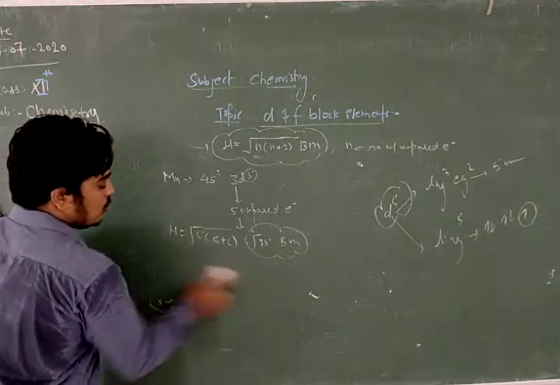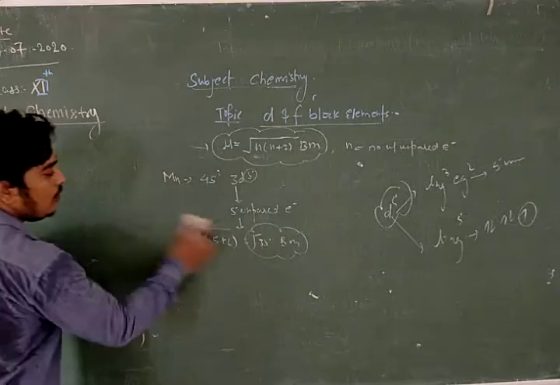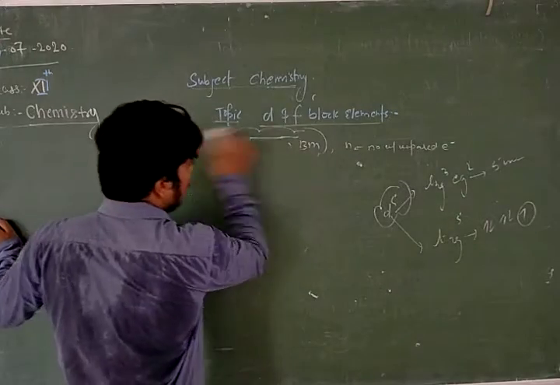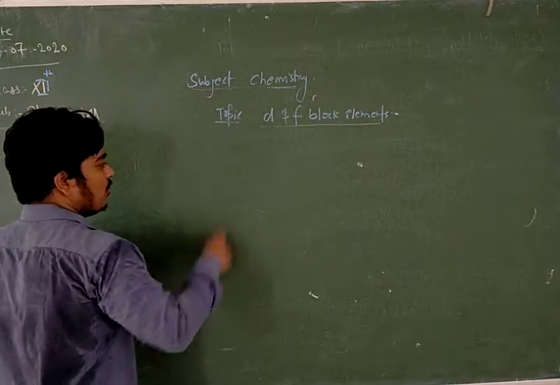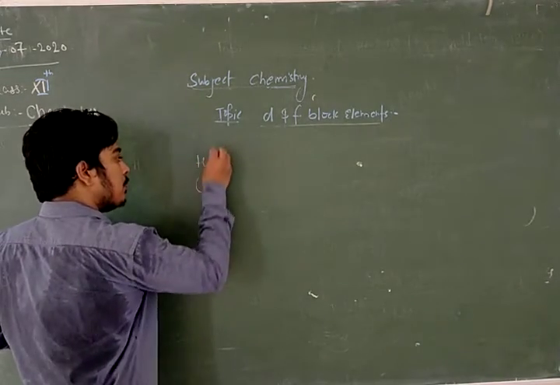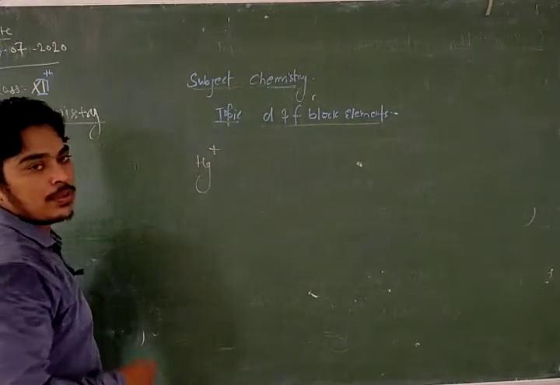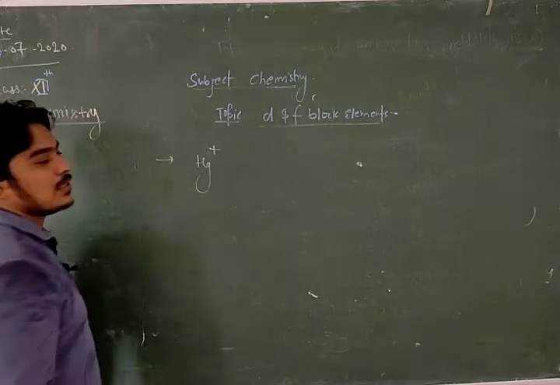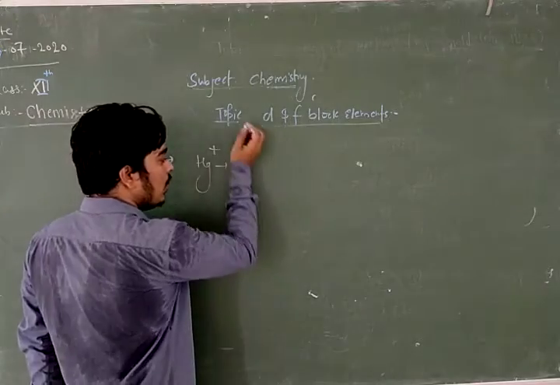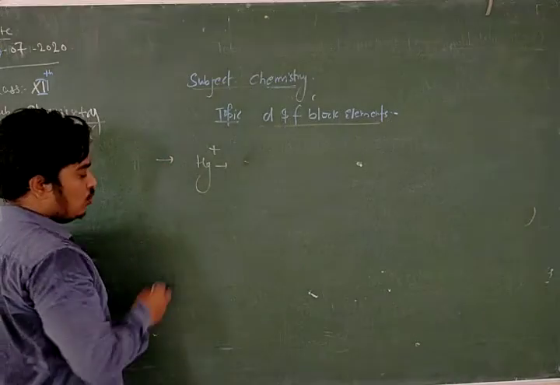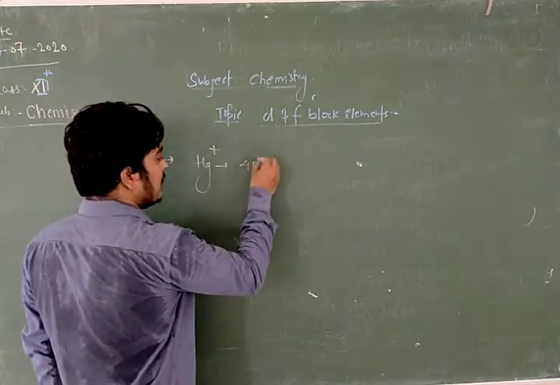Okay, so moving further, if I ask about the magnetic nature of mercury plus form, Hg plus, you will say that, sir, mercury is 4s2 3d10.